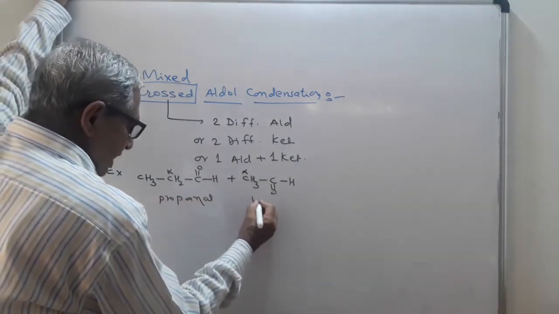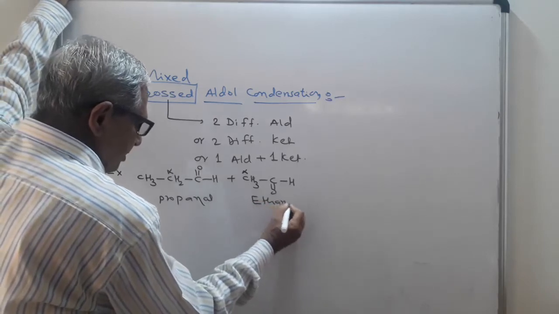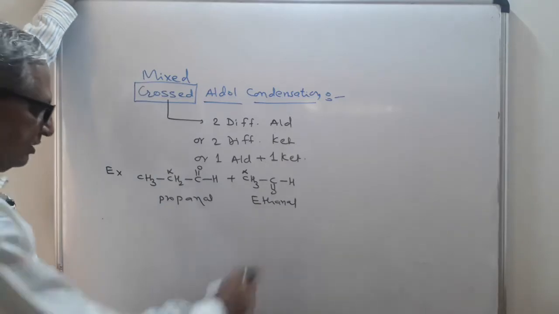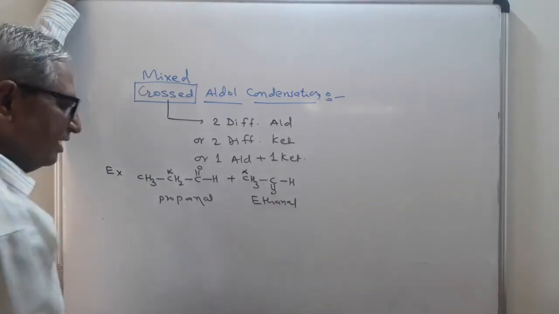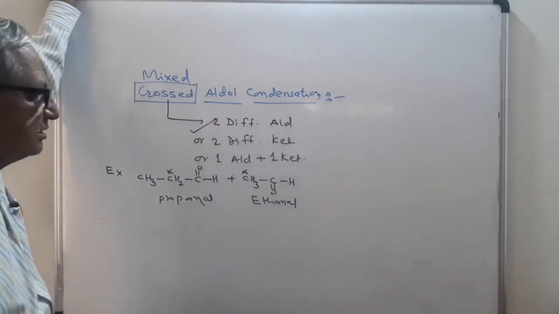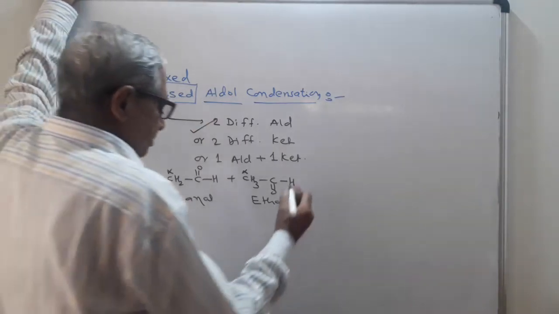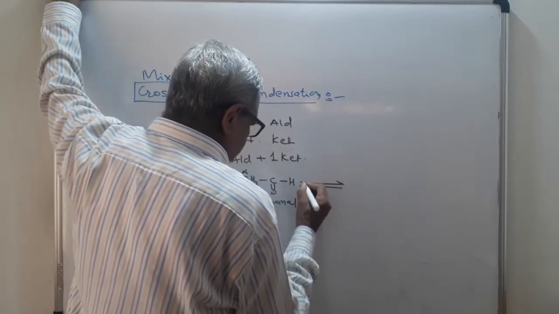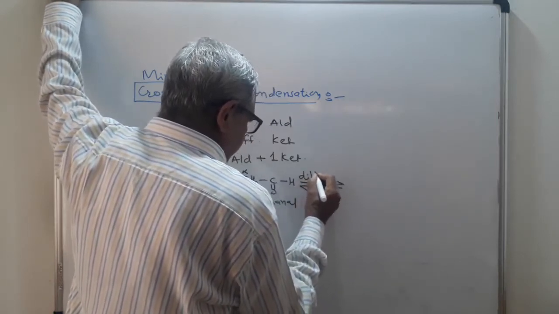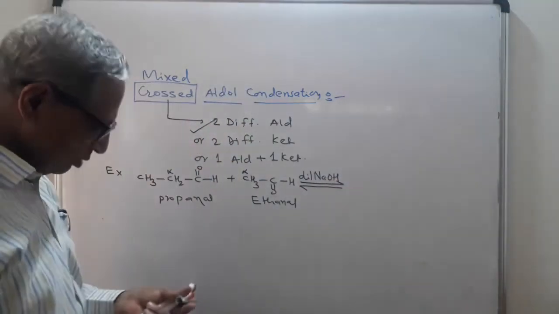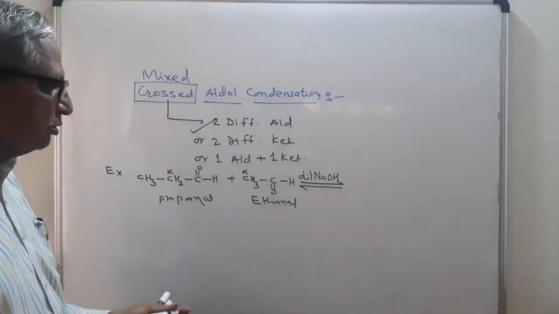This is known as ethanal, also known as acetaldehyde. These are two different aldehydes having alpha hydrogen atoms. It is a reversible reaction. You will do the reaction with dilute KOH or NaOH or dilute aqueous Na2CO3.